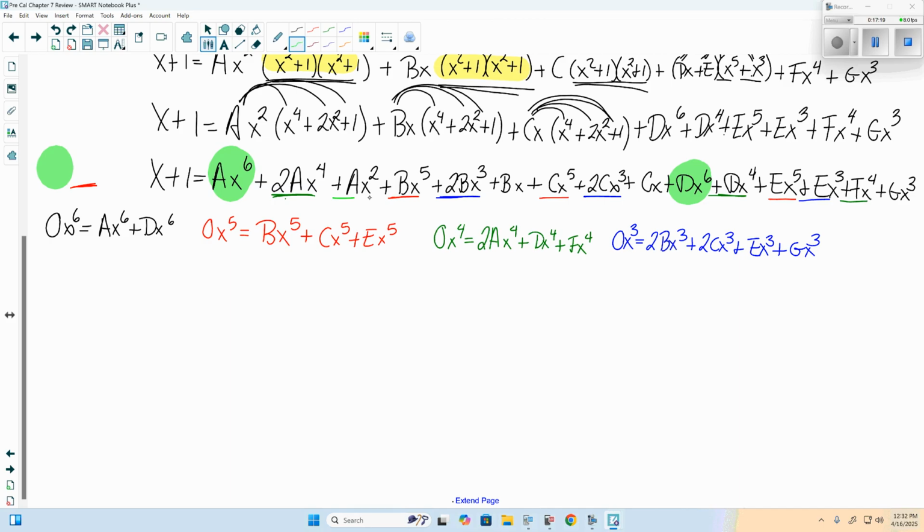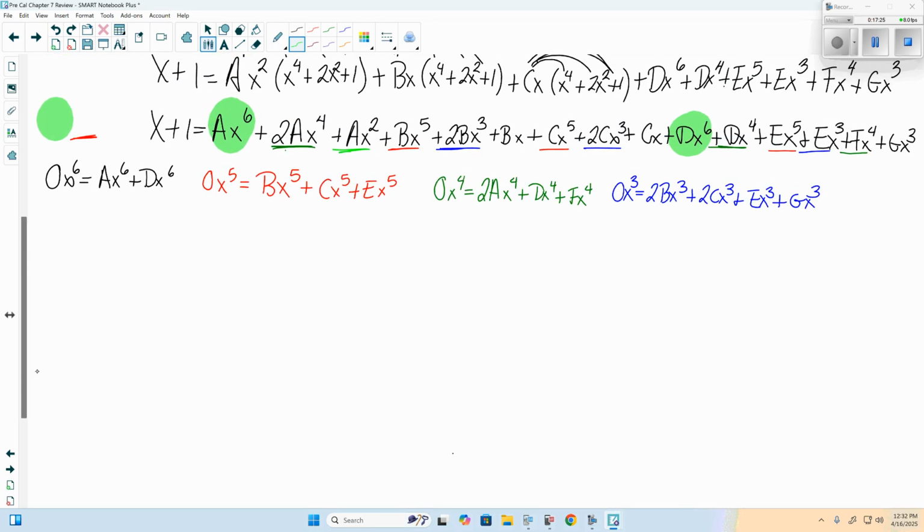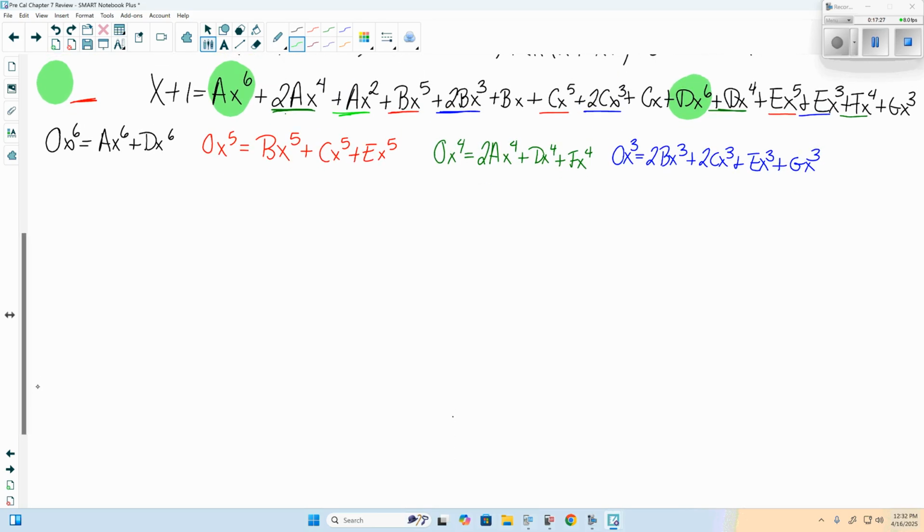Now we're going to go to squares. We don't have an x squared term still, so it's 0x squared is equal to ax squared. That's it.